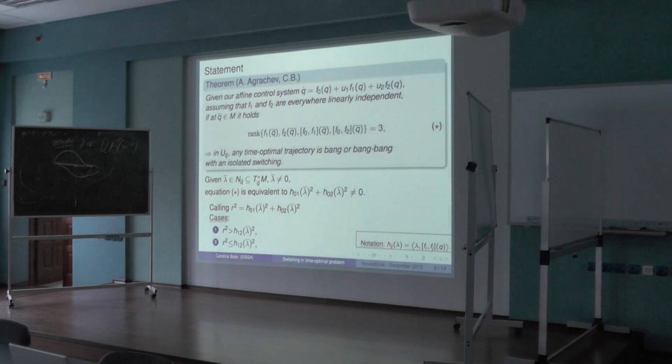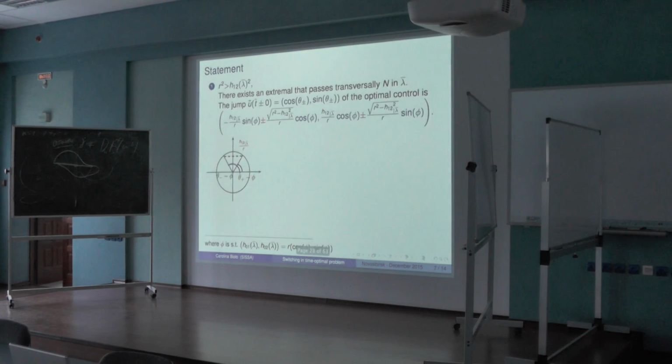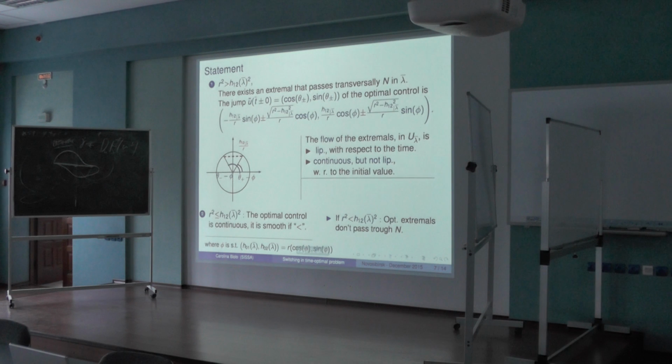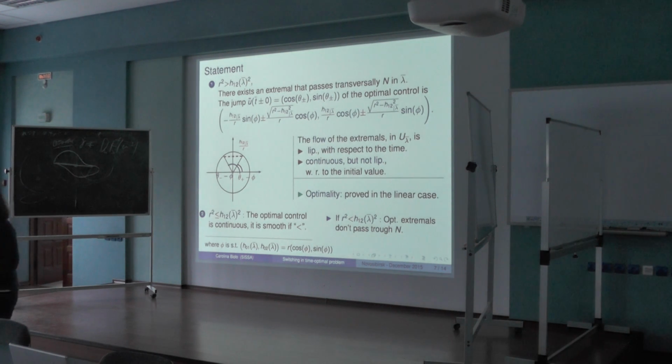There was a phrase about linear systems. I was talking about the optimality of the extremal in this case. What is the linear case? It is where the drift is just linear, a matrix times x, and the Lie brackets of f1, f2 are equal to 0, or they are constant.